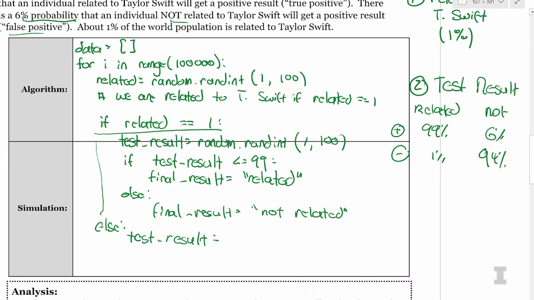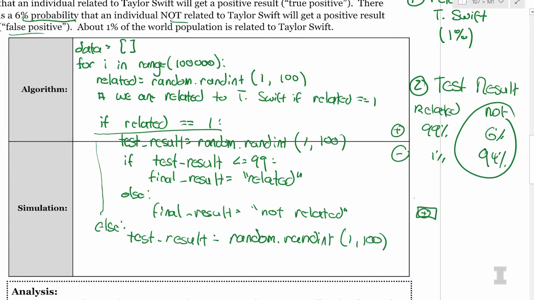Your test results are still a random value, random.randint 1 through 100. But here, the results are 6% of the time we have a positive result. So that's going to be the values 1 through 6. And then the values 7 through 100, those 94 values, are going to be a negative test result, that you're not related.